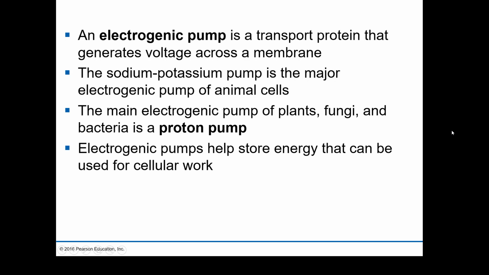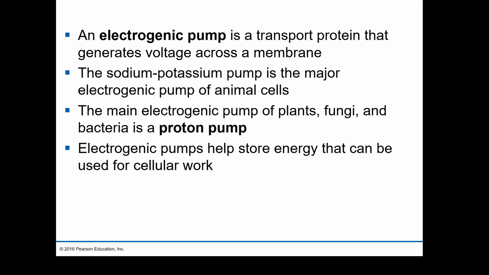An electrogenic pump is a transport protein that generates a voltage across a membrane. And the sodium-potassium pump is the major electrogenic pump of animal cells. The main electrogenic pump of plants, fungi, and bacteria is called a proton pump. I would just know what we use in animal and plant cells and how they differ, and that they are all called electrogenic pumps.